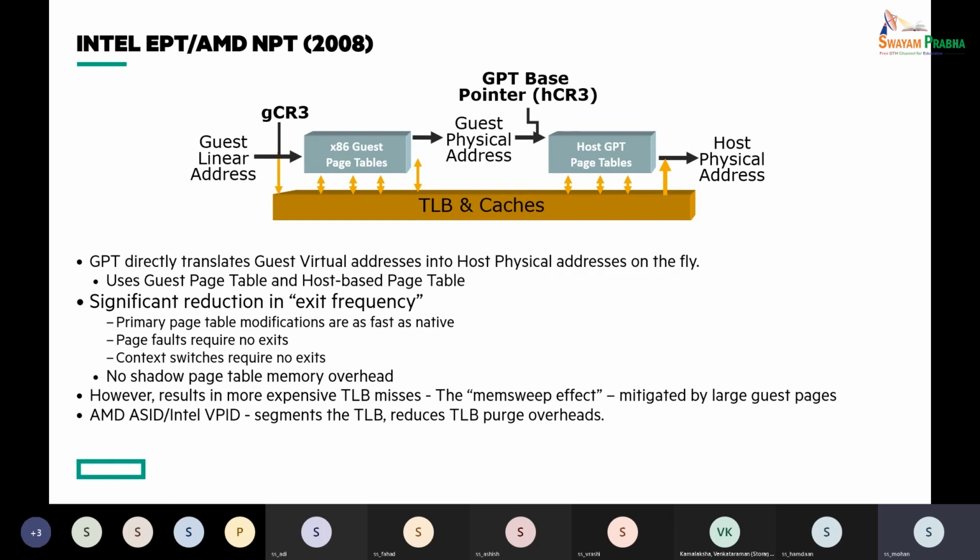So one of the ways this was solved is with another hardware feature, called address space identifier in AMD and virtual processor identifier in the case of Intel. It seems logical: the TLB today has a translation from a virtual address to a physical address, and they added one more field saying which address space this entry corresponds to.